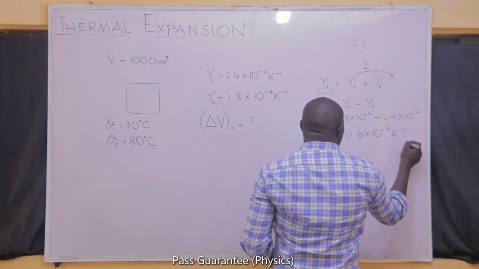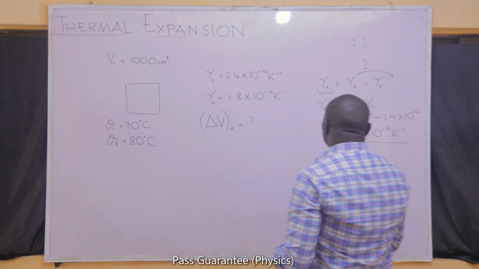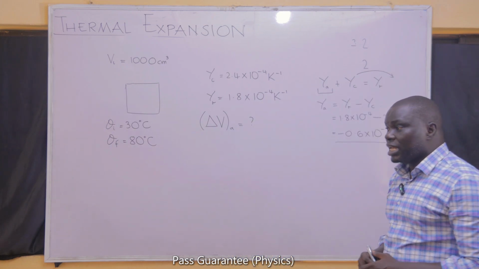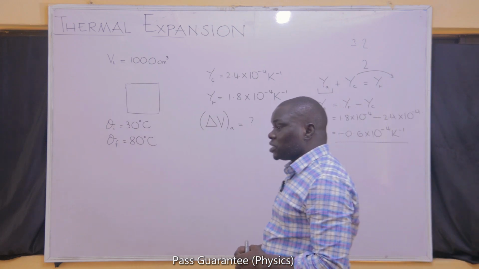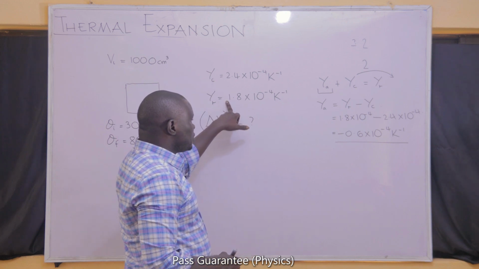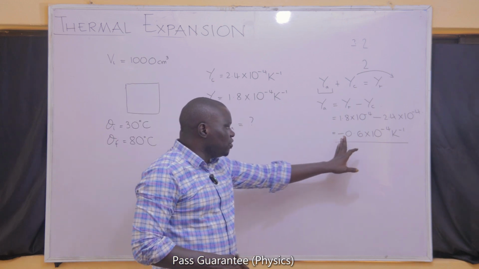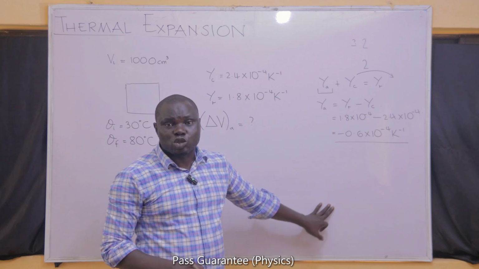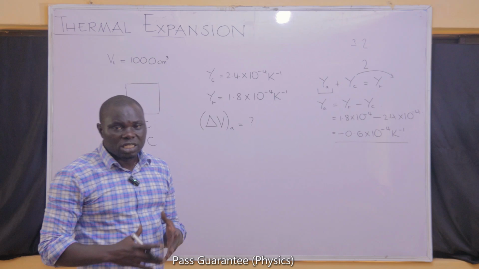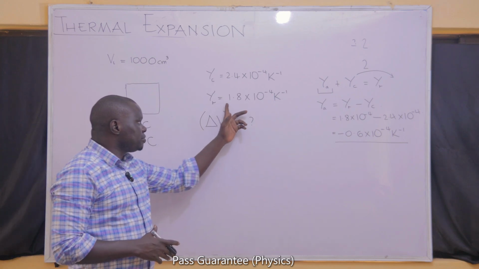Please don't be surprised that you have a negative in the apparent cubic expansivity. It is very possible. I was saying earlier that substances can have negative expansivity. But this one is so special. It has a positive real cubic expansivity, but it has a negative apparent expansivity. How is that so? It means naturally, if it were possible for us to heat the mercury alone, it will expand.